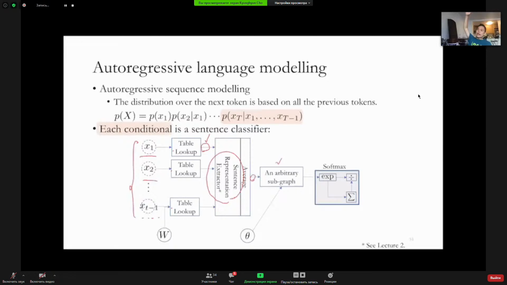So we can make it as deep as we want, as long as it ends up giving us a real valued vector whose dimensionality matches the size of the vocabulary, where the vocabulary in our case corresponds to the categories in text classification. And then that real valued vector can be turned into a categorical distribution using the softmax function.